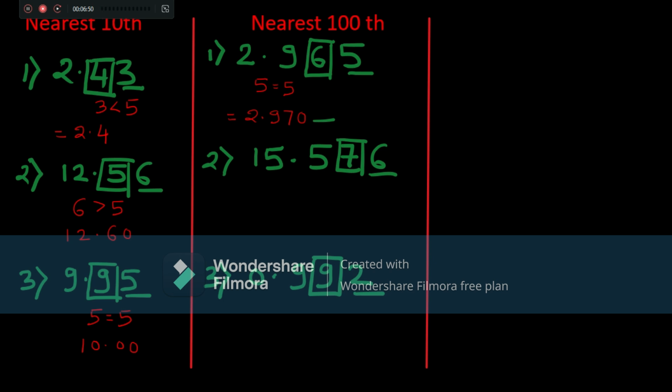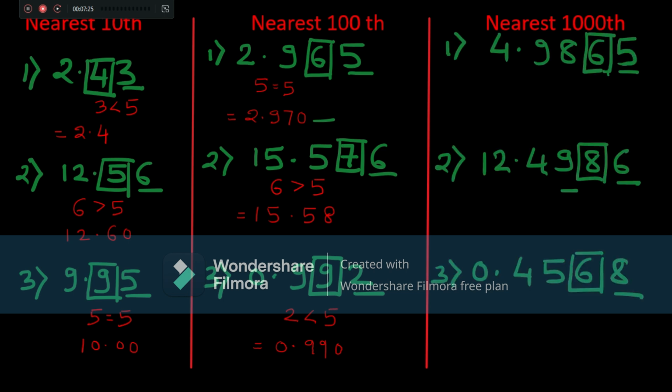Similarly, in the second question, 7 is at the 100th place, and to the right of this is 6, which is greater than 5. So when we round it off, we'll increase this 7 by 1, so this will become 15.58. Similarly, in the other case, 2 is less than 5. So this 9 will not increase by 1, and when we round it off, this will become 0.990.